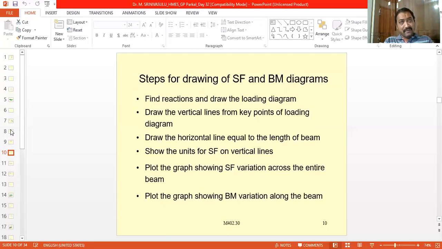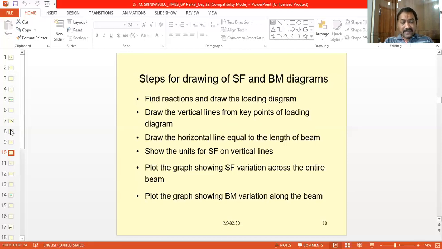It may be point loads, sometimes only a single load, sometimes two or more loads, and sometimes a UDL or UVL or a combination of forces acting on the beam. So the beam is supported at some points, and also some loads are acting on it.